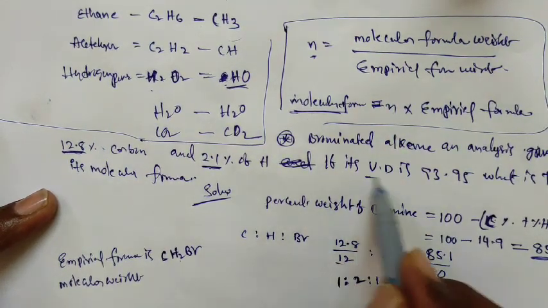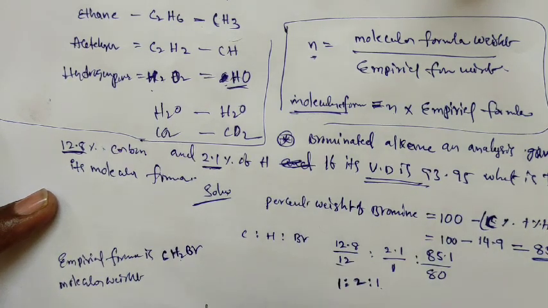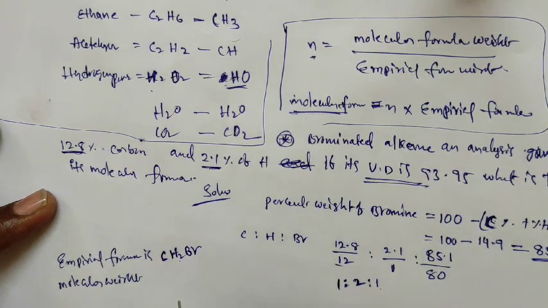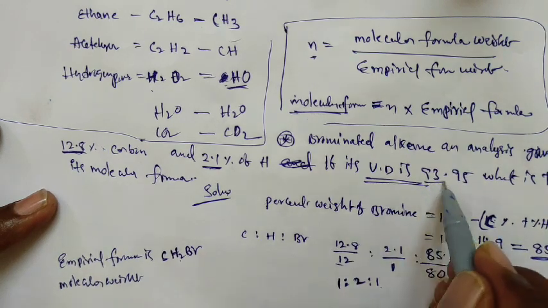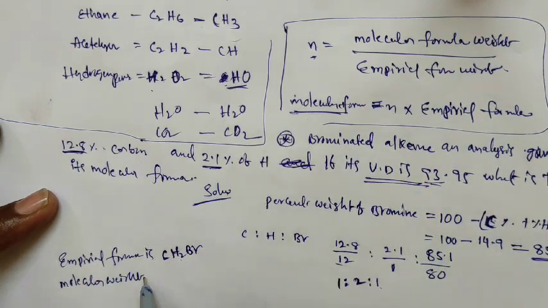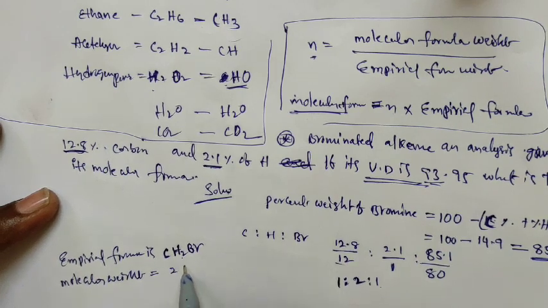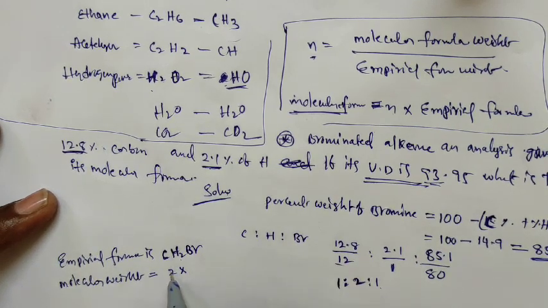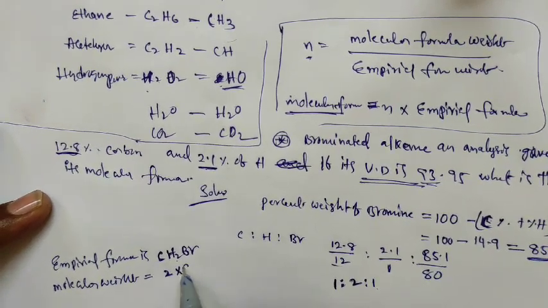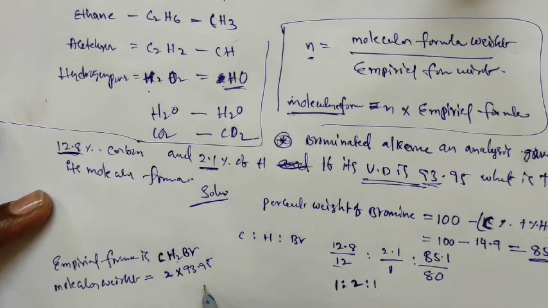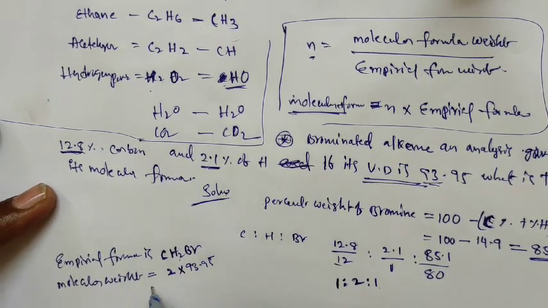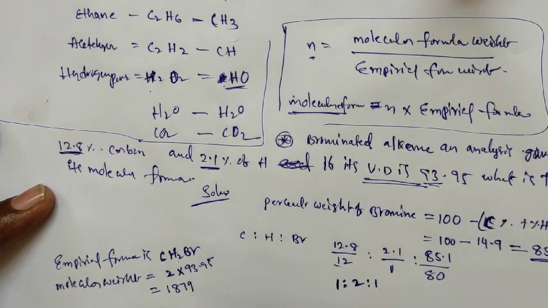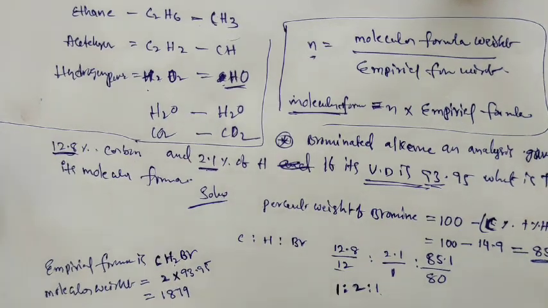So that only they given vapor density. Density means mass by volume. So vapor density they given means molecular weight is equal to 2 into vapor density. Molecular weight is 2 into its vapor density, 93.95. 2 into 93.95, we will get 187.9. This is the formula only: 2 into vapor density.